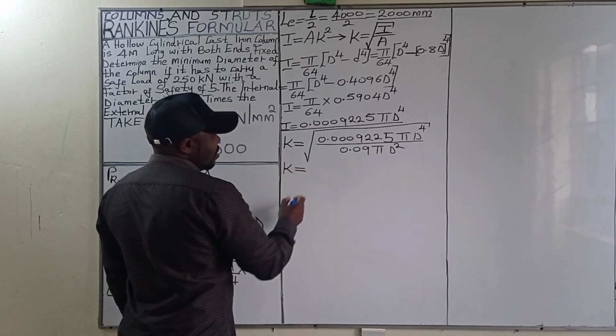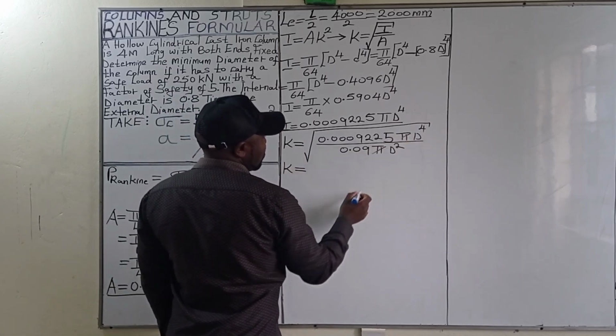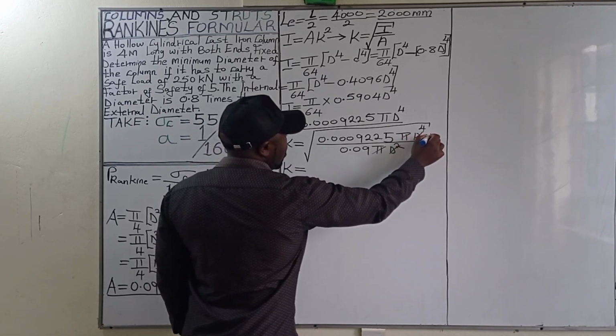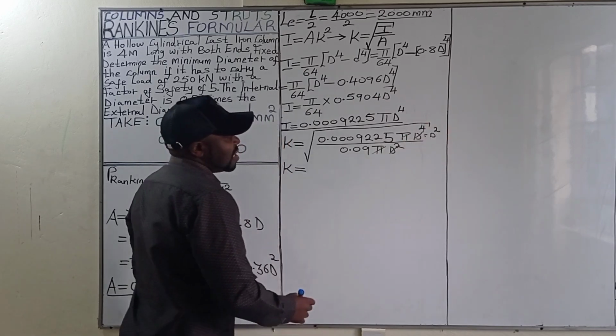So k is going to be, this pi and this pi are going to cancel out, D squared will cancel with D squared, and we are going to remain with D squared.